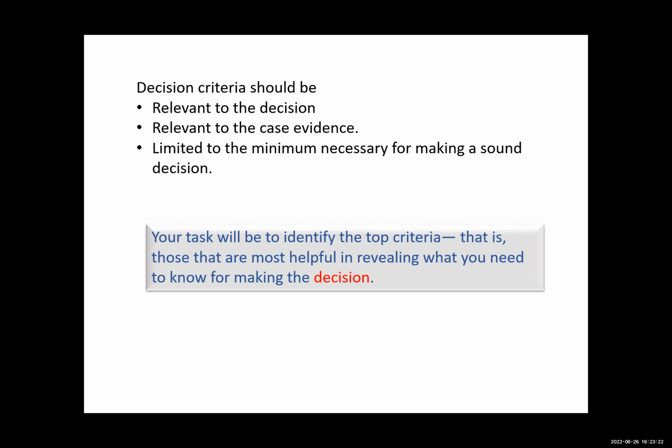In the RIM case, what do you think would be the top criteria? The very first decision-making case, RIM versus the present. What do you think is the top criteria for this? Cost.